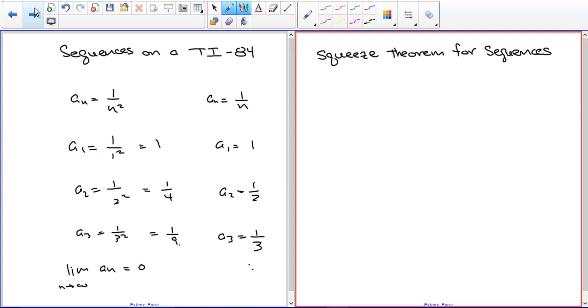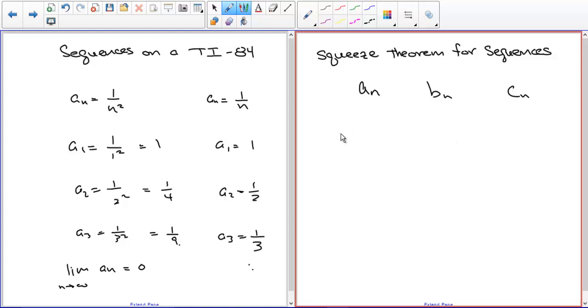Okay, now there's a squeeze theorem for sequences, and so let's say there's some sequence A sub n, and some sequence B sub n, and some sequence C sub n. There are three functions of n.